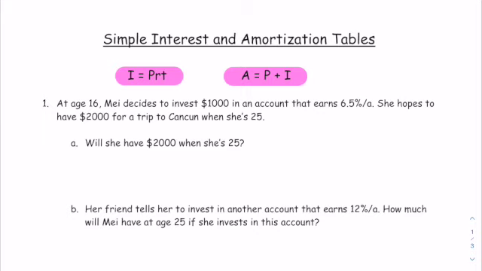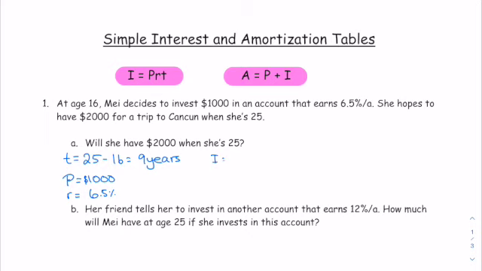So the first thing to do is figure out how much time passes. When she's 25 versus 16, that is 9 years. And then our P, which is our present value, would be $1,000. And our R, which is the interest rate, is 6.5%.